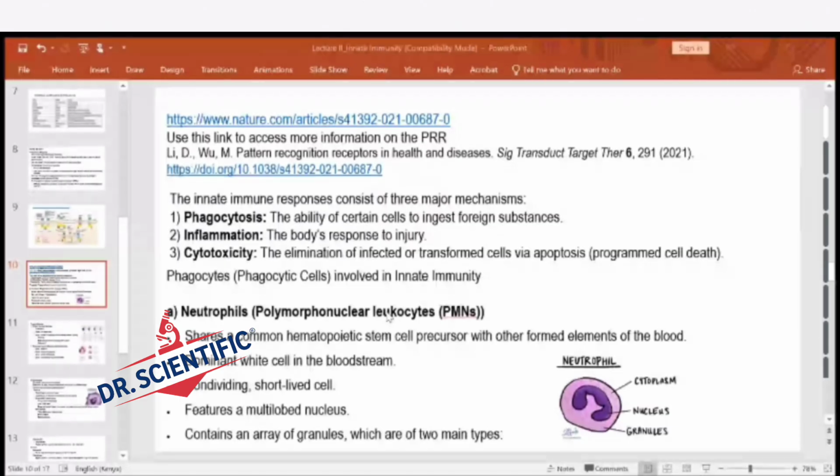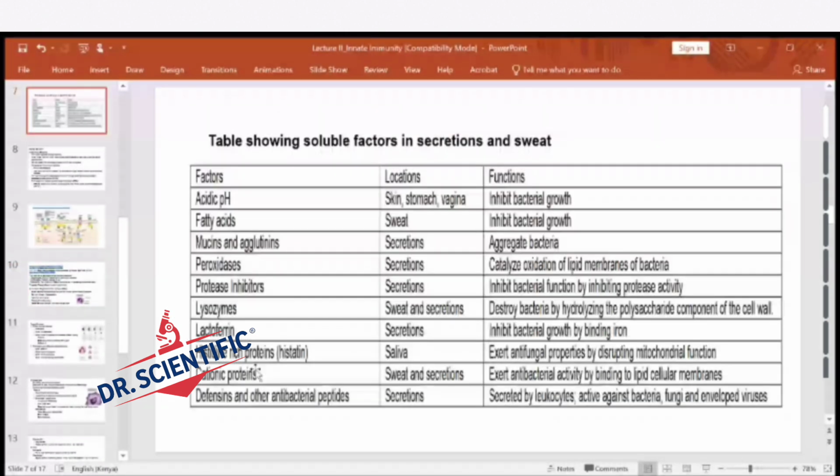For instance, you remember we talked about histidine-rich proteins in saliva. So it means this protein has other amino acids, but there's a lot of histidine in it.